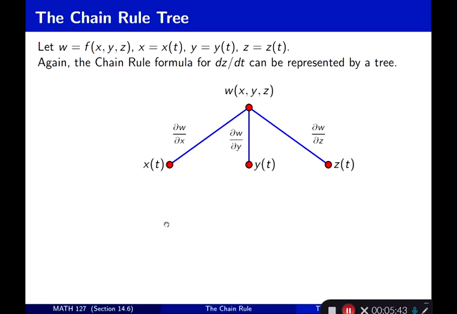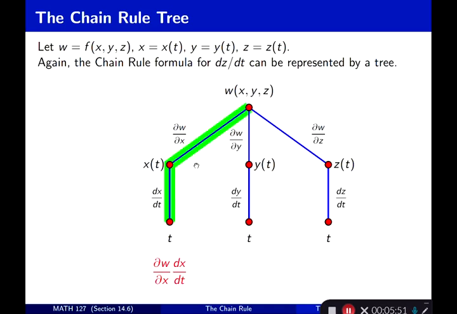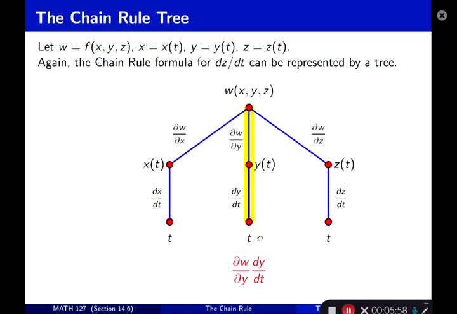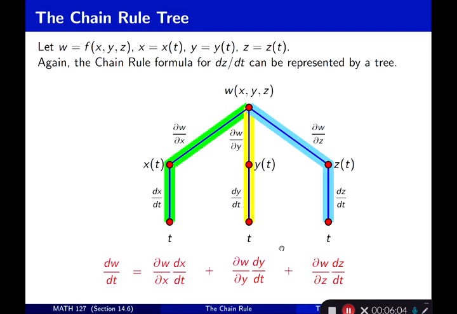Then you go down to t, and each branch is just these values multiplied together, and you add all the branches up and it becomes the chain rule for a function of 3 variables.